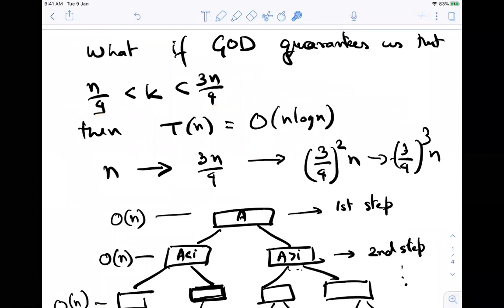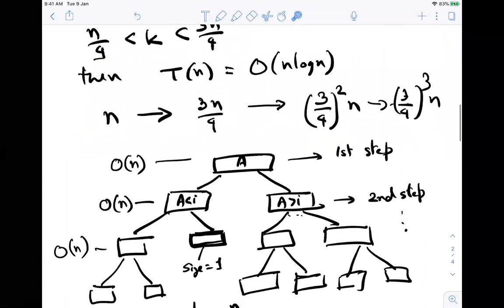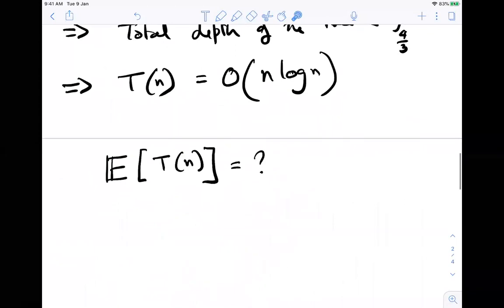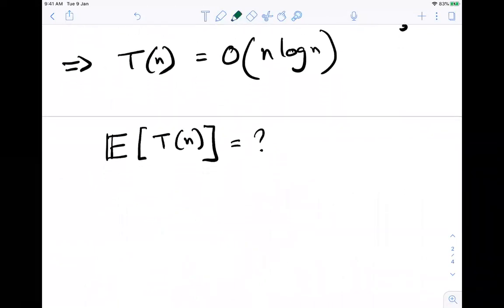The idea is that, consider a particular path, any path. Once I have a path, it will be going down, the size of the arrays are going down. Now let's consider this one a bit more formally.